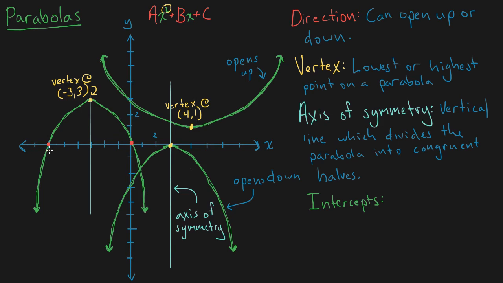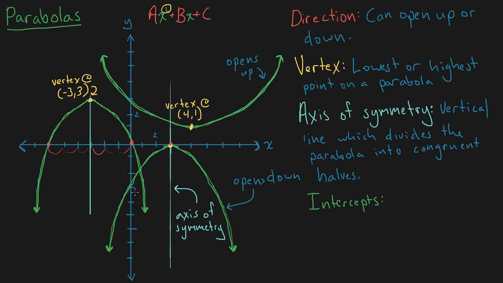So here we have 1, 2, 3, and then 1, 2, 3. A parabola can have two x-intercepts, like in this example here. It can have one x-intercept, like in this example right here. I'll put this little dot in red here to indicate that that's an intercept. And they can also have no x-intercepts, as in this example right here.